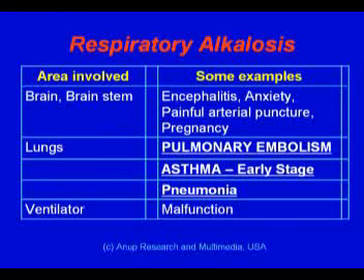The impulses generated in the brain and brainstem can be affected by encephalitis, anxiety, painful arterial puncture, and in pregnancy, because in pregnancy the increased progesterone can act on the brainstem and stimulate the respiratory cycle.